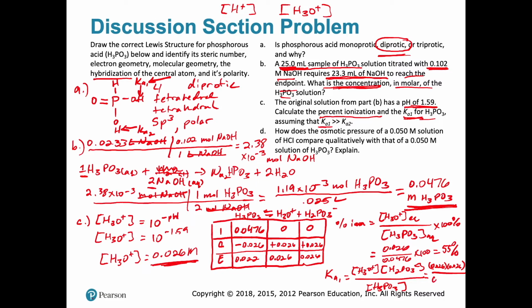Divided by 0.022. Because remember, when you get it down to this equation right here, this is called the equilibrium expression. The Ka is called the equilibrium expression. So the only numbers that should be going in here are what? The numbers from the equilibrium line of the ice table, right? Does that make sense? Equilibrium expression, numbers only from the equilibrium line. I mean, the only reason why we make an ice table is to get to these numbers down here. That makes sense? Right?